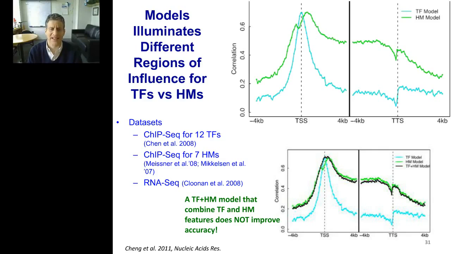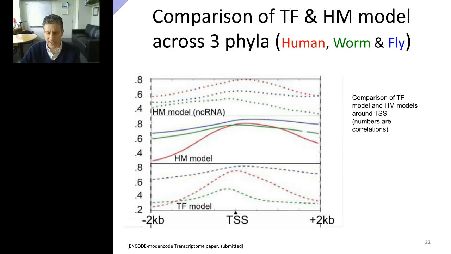So what that implies is there's no extra information in the TF binding that's not encoded in the histone modifications, insofar as prediction is concerned, which is kind of an interesting thing. So all of the information about the gene expression that we can get lies within those histone modifications. There's no extra information that we can get from the transcription factor binding. Not completely intuitive, but it is the case.